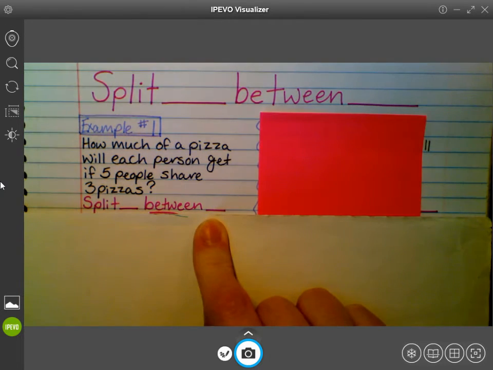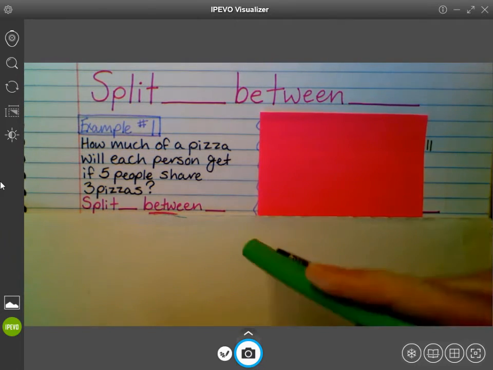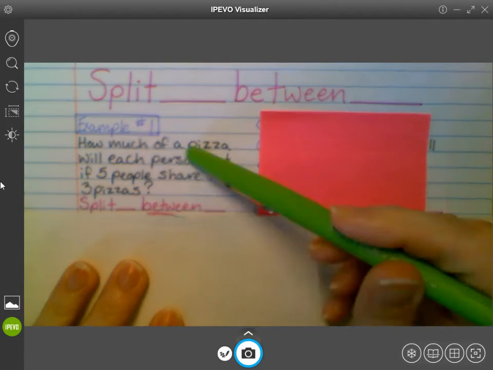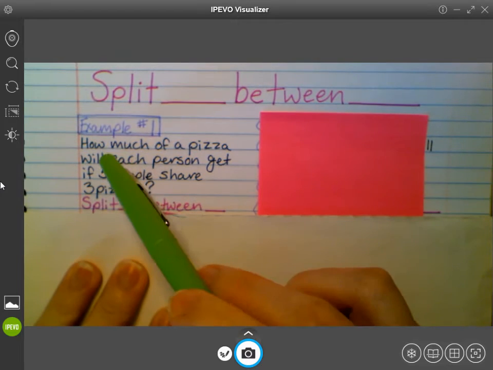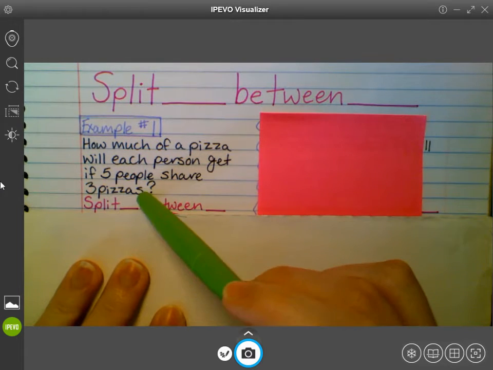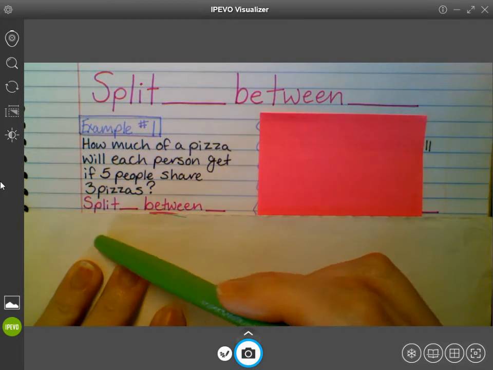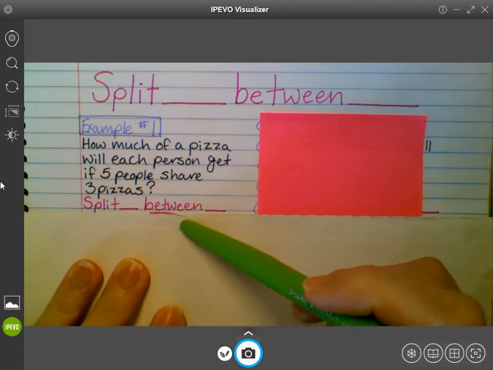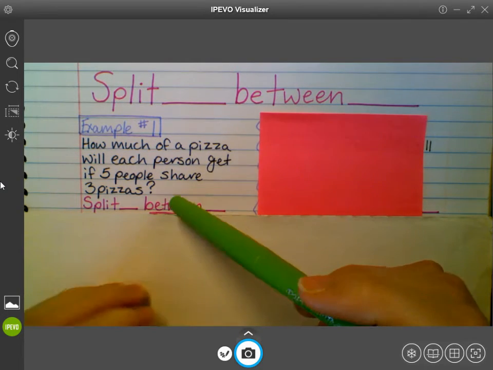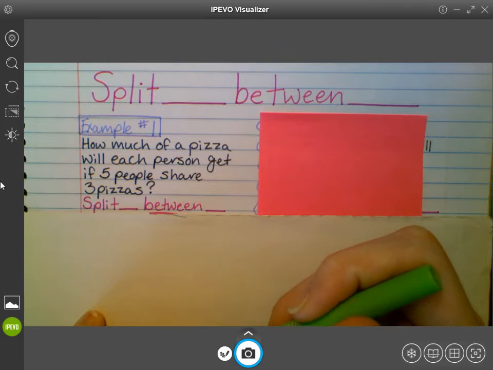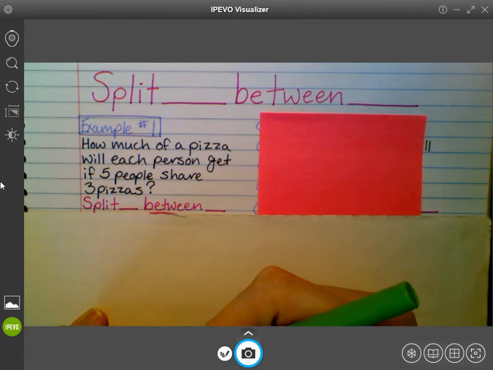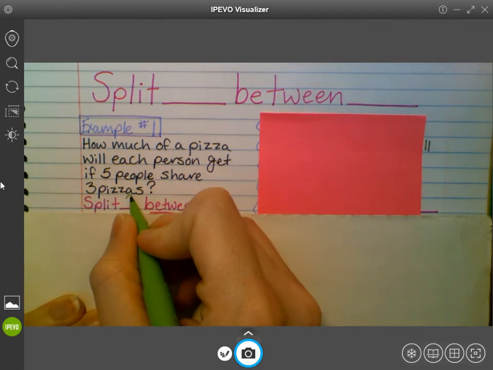Okay. So our question says, how much of a pizza will each person get if 5 people share 3 pizzas? So what is it that we're splitting up? Raise your hand. What are we splitting up, Allison? We're splitting up 3 pizzas. So we're splitting 3.